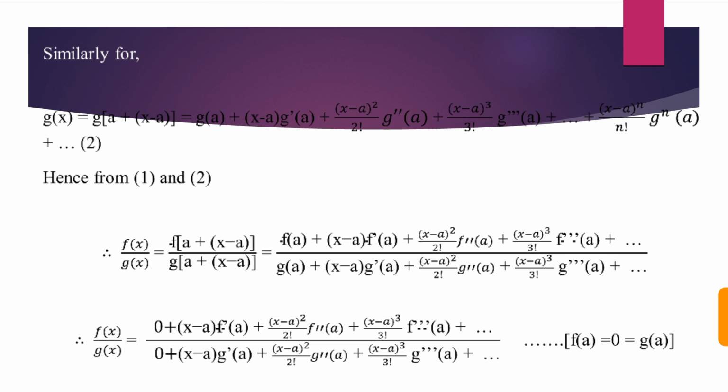And therefore, f of x upon g of x can be written as, here putting f of a and g of a equal to 0, we get x minus a f dash of a plus x minus a whole square upon 2 factorial f double dash of a plus x minus a whole cube upon 3 factorial f triple dash of a plus and so on, divided by x minus a g dash of a plus x minus a whole square upon 2 factorial g double dash of a plus x minus a whole cube upon 3 factorial g triple dash of a plus and so on, according to f of a is equal to g of a is equal to 0.